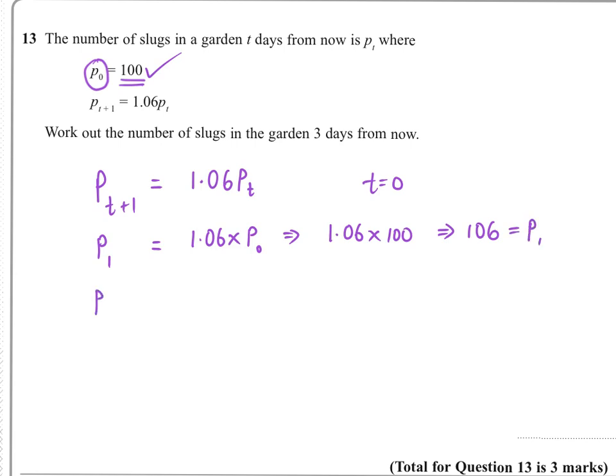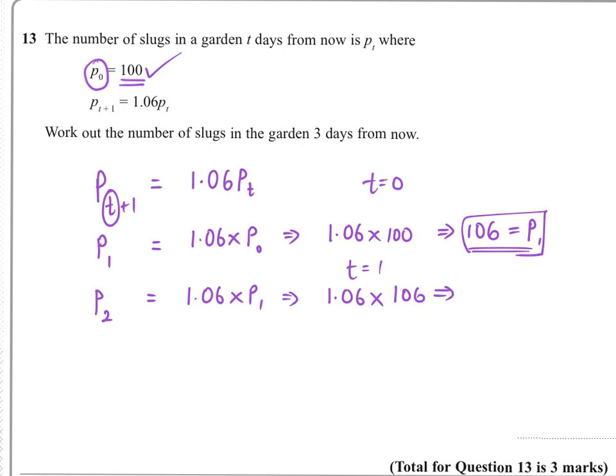So if we want p2, we just set t to be 1 now. So p subscript 2 will be 1.06 times p1, and that's given. Well, it's not so much given, we've found it, so we can use that. I'm going to use my calculator here. So I've got 1.06 times 106, and that gives me 112.36.